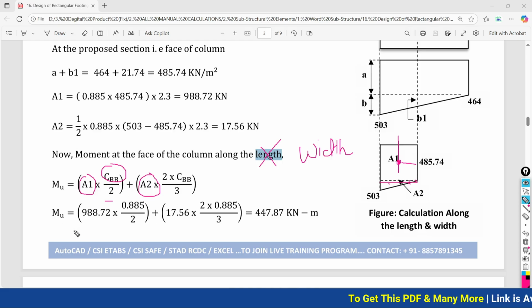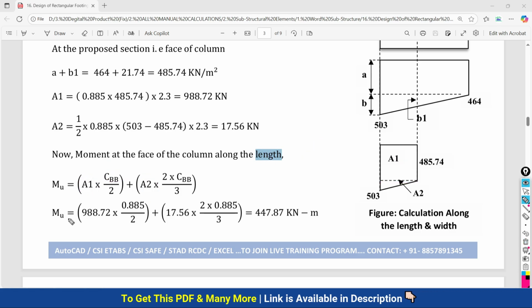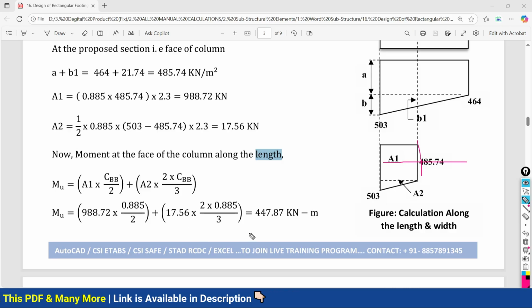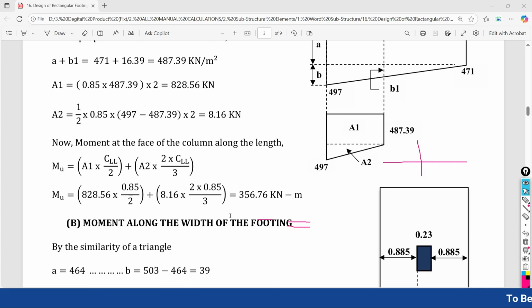After doing this entire calculation by putting all the values here, we are getting the ultimate moment at the face of your column along the width of the footing as 447.87 kilonewton meter. So this is our final moment along the width of the footing, and previously we have calculated the final moment along the length of the footing.